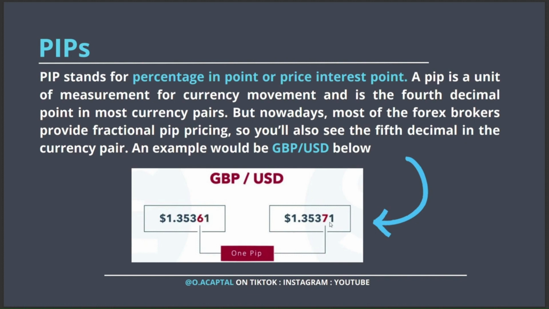Whenever we see an increase in the 4th decimal point to the upside or downside, that's an increase in a pip. So that's 1 pip. If this number increases to this number, that's 2, and so on: 1, 2, 3, 4. It literally just goes in numerical order. It's a really simple and straightforward concept to understand.